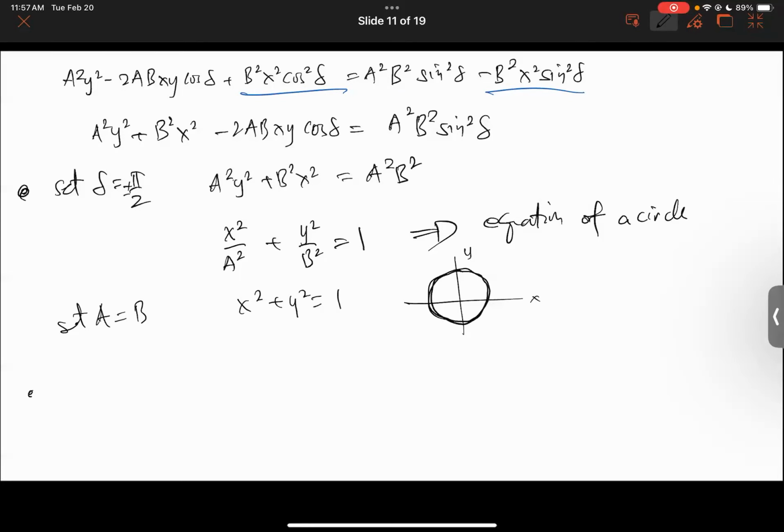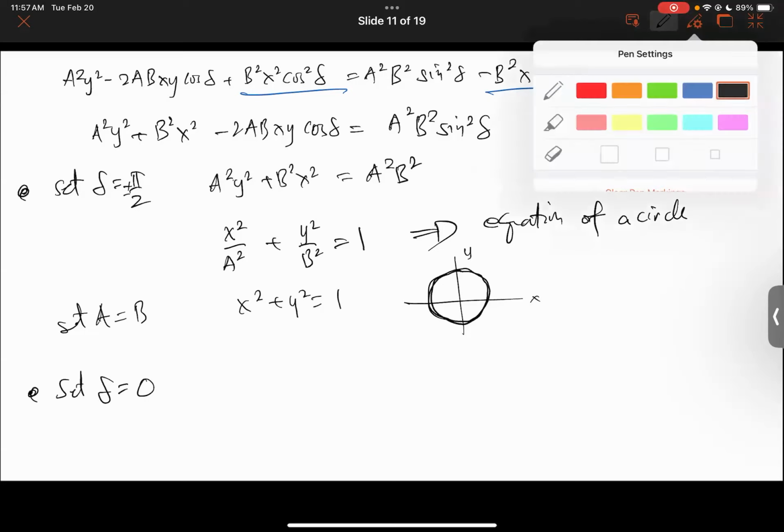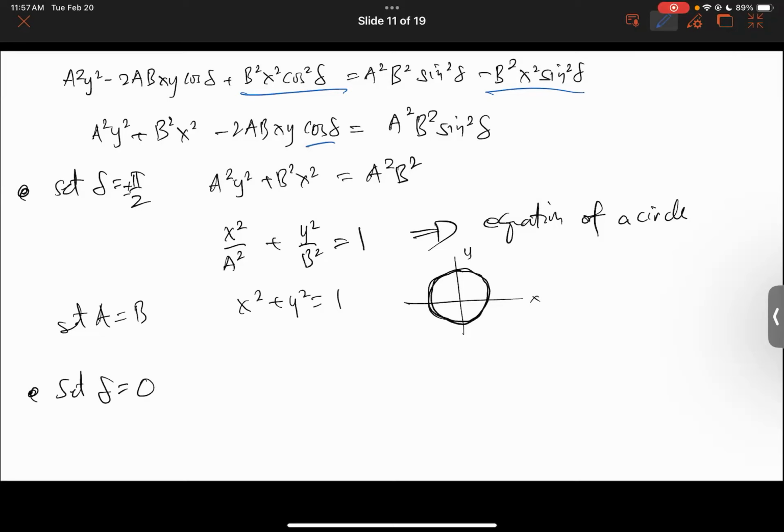Okay. What if we set delta equal to 0, for example? If we set delta equal to 0, then cosine delta is 1, and then sine delta is 0. So this term here becomes 0.